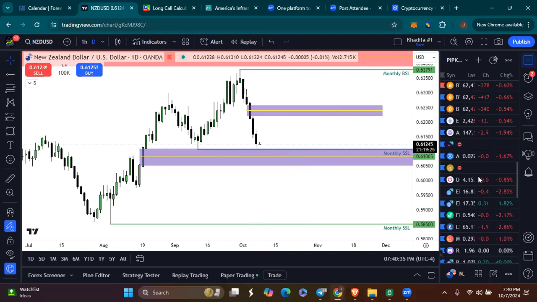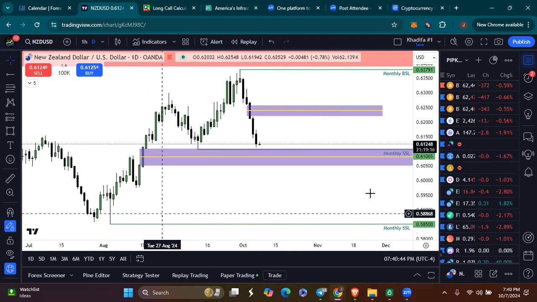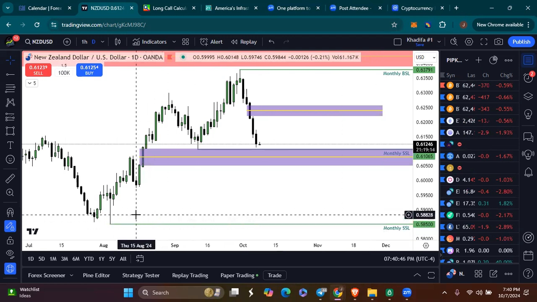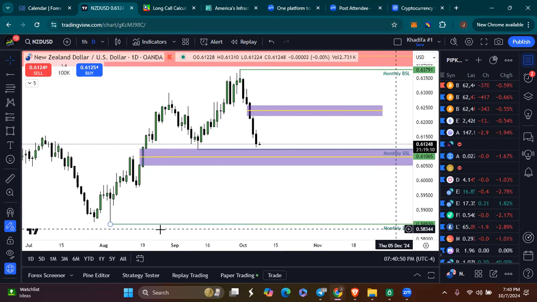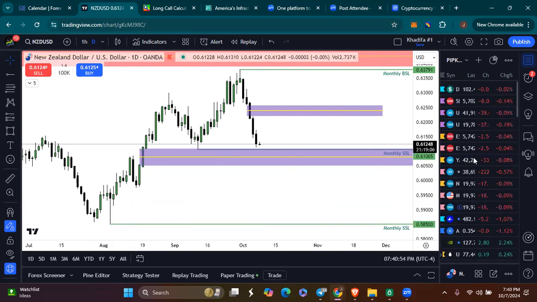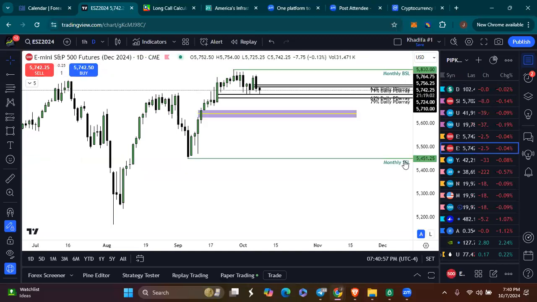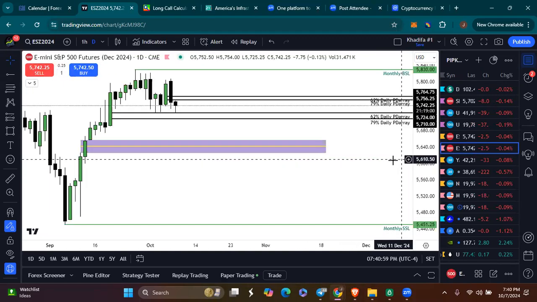And like I said, if we break and close below this daily fair value gap aggressively, then I expect price to at least run this swing low. And there's a good chance we run this monthly sell side liquidity from August for NZD USD.